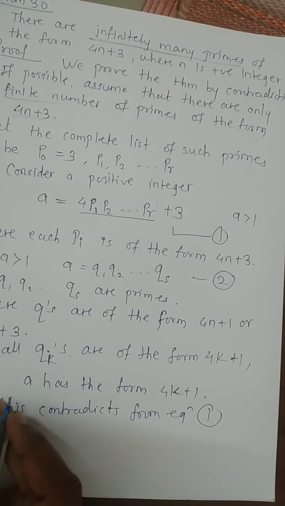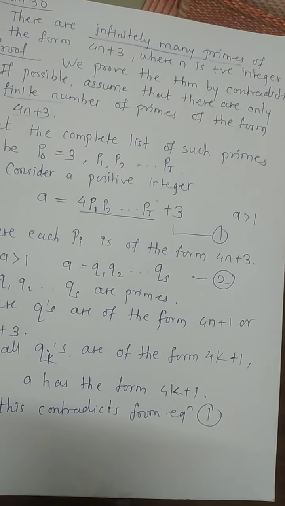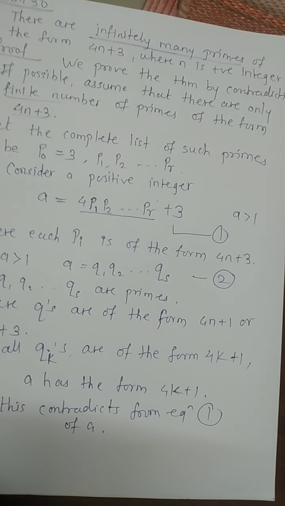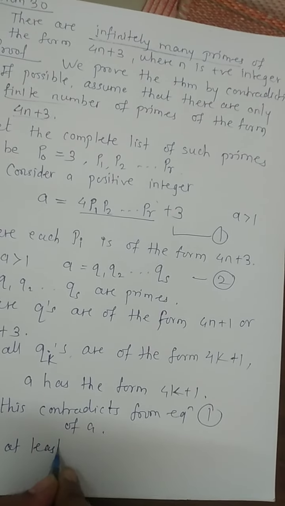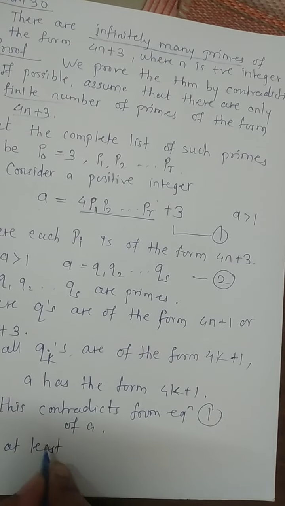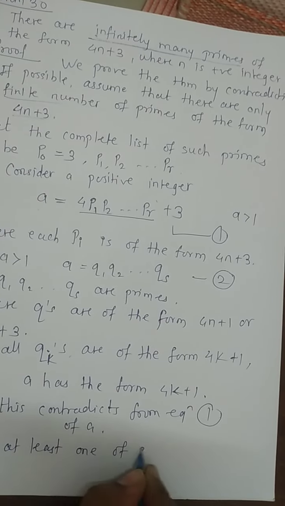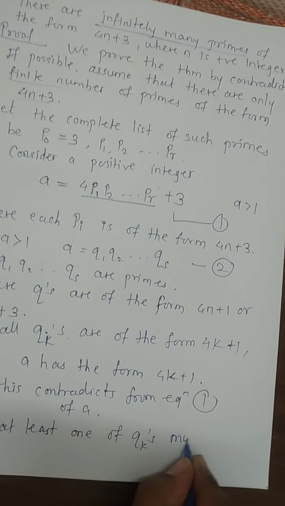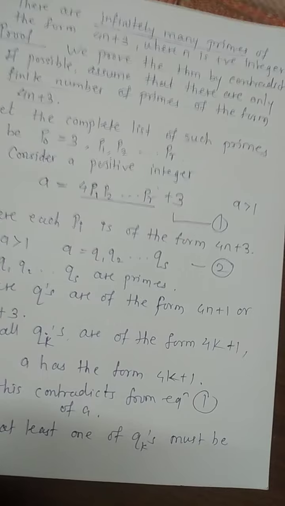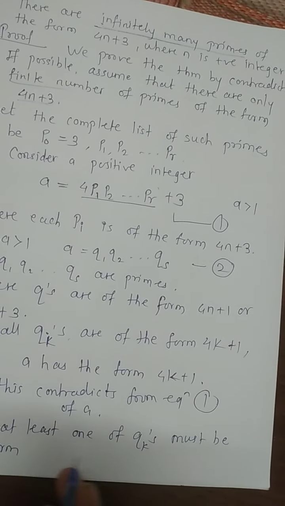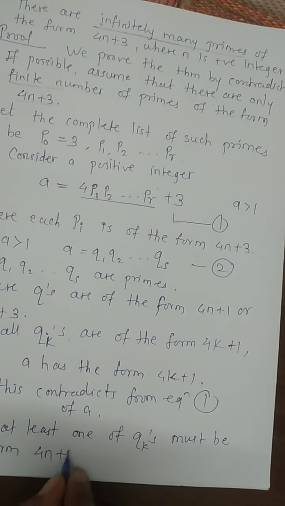So this contradicts A. Okay, hence at least one of our qk's must have the form 4n plus 3.